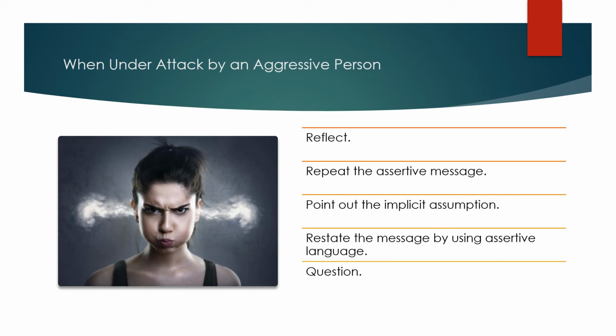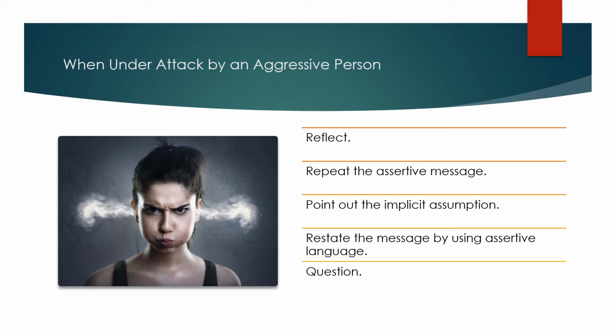So when you feel like you're under attack by an aggressive person, an assertive person can do several things. They can reflect the speaker's message back to them. This will help the aggressor evaluate whether the intensity of their feeling is appropriate to the situation.